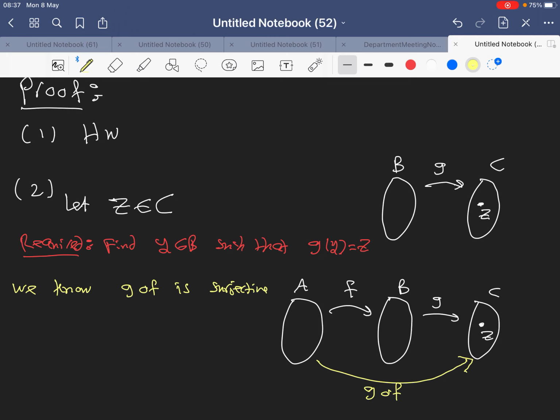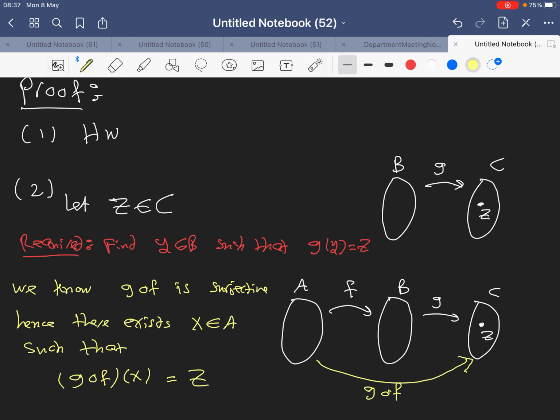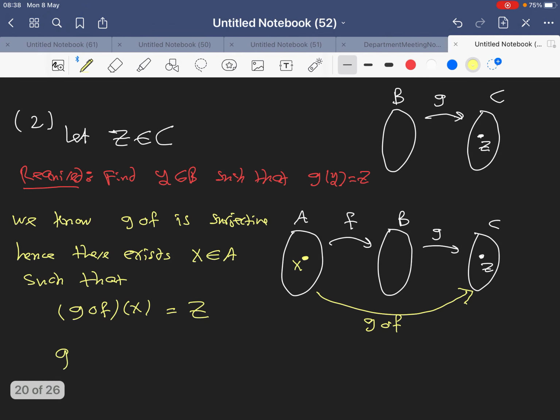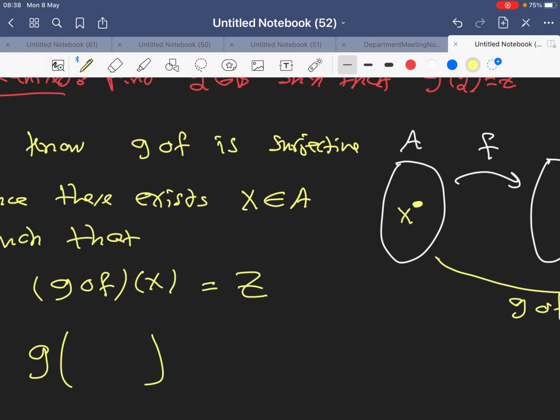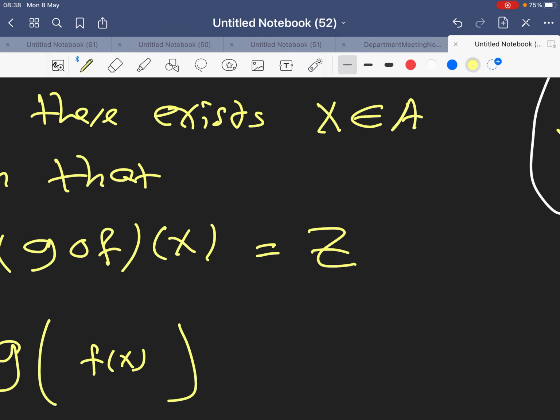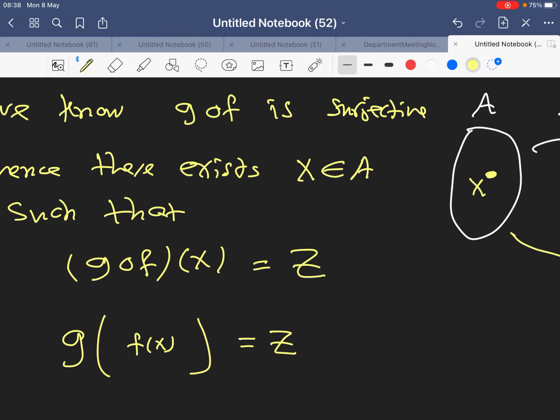So that means there exists an X in A that is mapped to Z. So G circle F of X equals Z. Why? Because the function is surjective. Okay, so far so good. I think now the problem will be solved by itself. If we write this, this is just G of F of X equals Z.